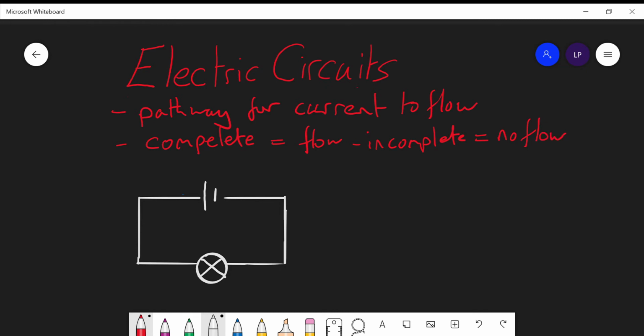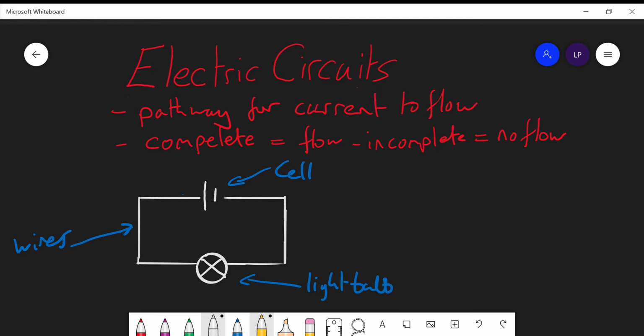So we have an example here of an electrical circuit. Now the symbols we'll learn a bit later, but we have here a cell which provides our electrical energy. We have our wires that the current will flow through, and then we have a light bulb here. So when we turn on the circuit, this is a complete circuit.